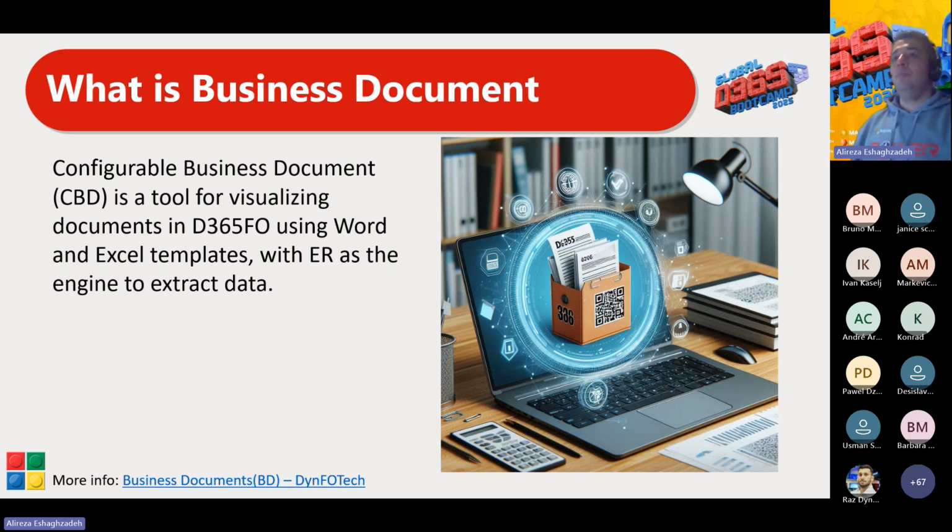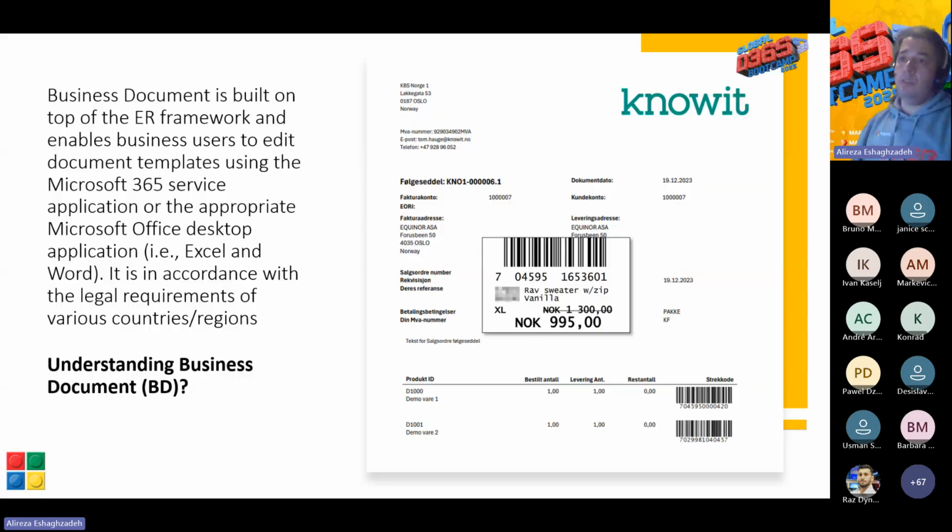So basically, in finance and operations, Microsoft has landed the business document as one of the replacements of the standard SSRS report, where you have the possibility to create the report from Excel or Word, and change the layout from the user interface and from the Word add-in in finance and operations.